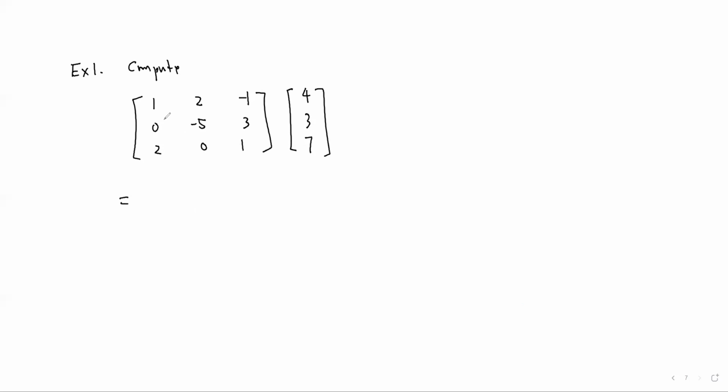That means 4 times the first column, plus the second entry in the vector times the second column, and then 7 times the third column.